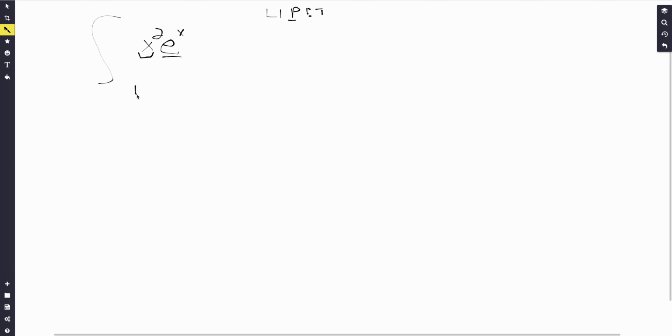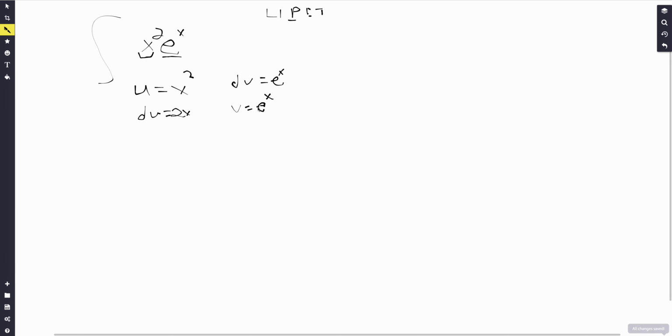So our u value is x squared. And then our du would be 2x. Then our dv is equal to e to the power of x. Our v is equal to e to the power of x.